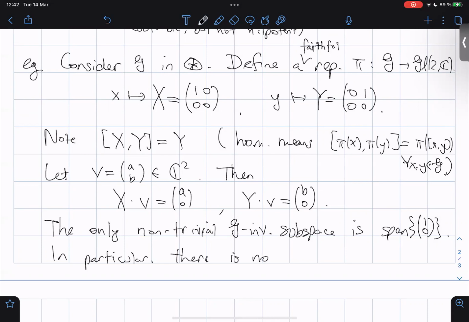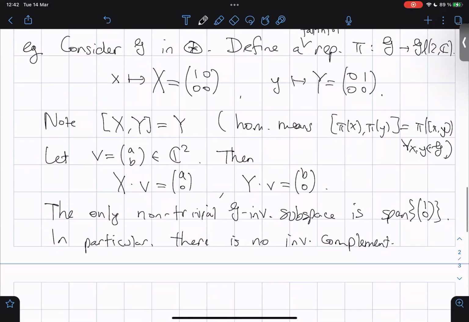So this solvable two-dimensional Lie algebra with this representation gives the first counterexample to this hope of a divide and conquer sort of thing.